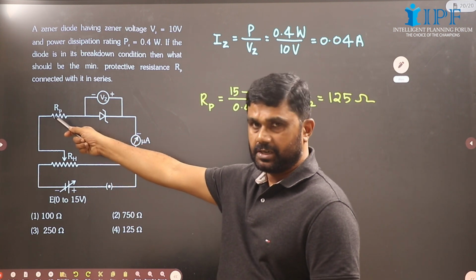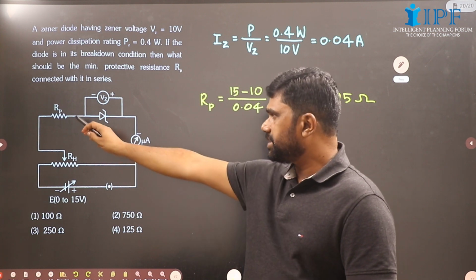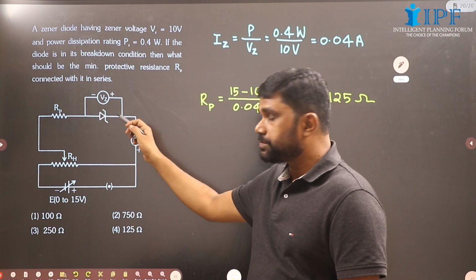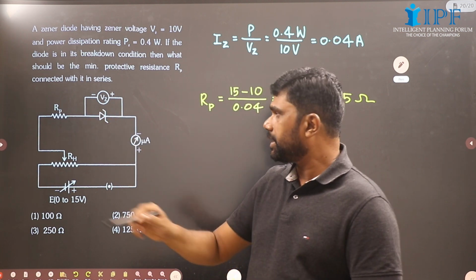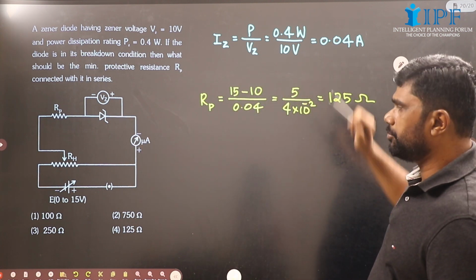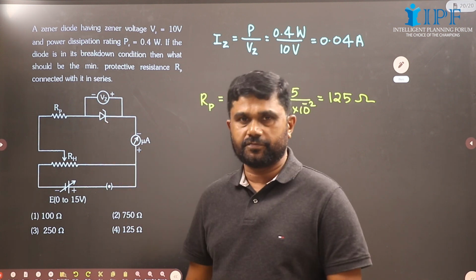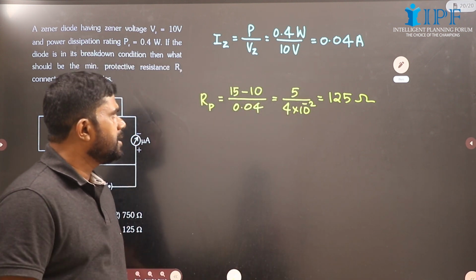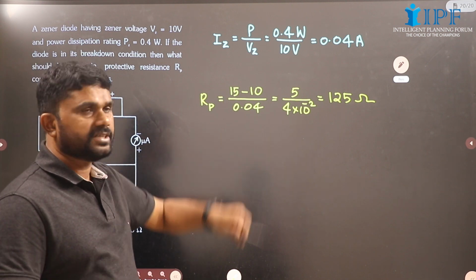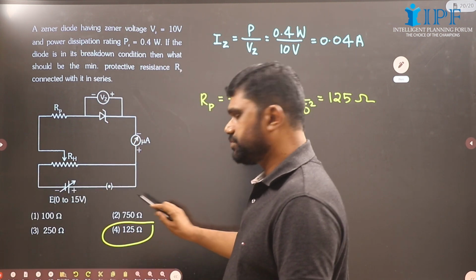So the resistance will be 5 divided by 0.04, that is equal to 125 ohm. 125 ohm, this one.